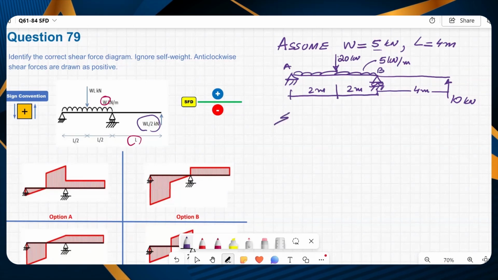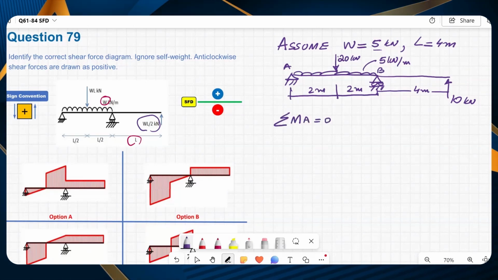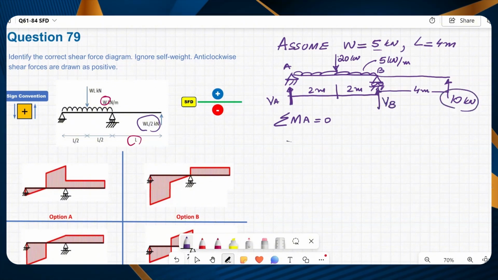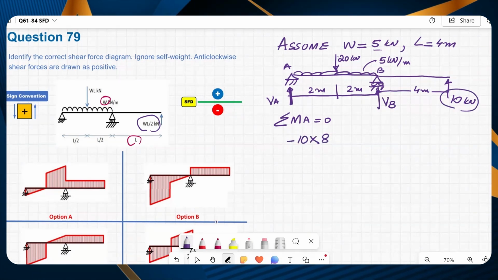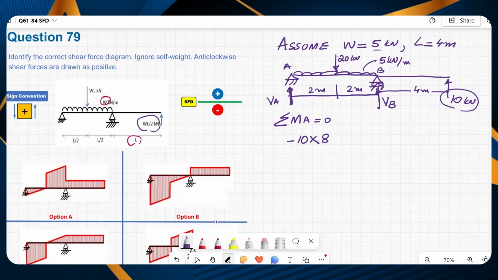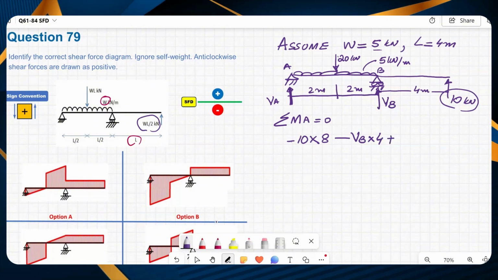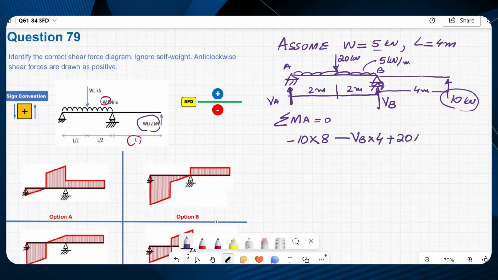Let us say summation of moments about A is equal to 0. I will have reactions over here. I call this reaction VA, and this reaction VB. So first I have this load. I will say minus 10 times 8, the distance from that extreme end to point A, and it is creating an anti-clockwise moment, so that's why it is negative. And then I have minus VB times 4. This is creating an anti-clockwise moment as well. Then I have plus 20, which is the point load, times 2.